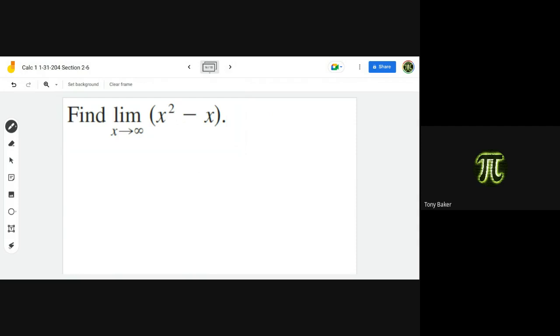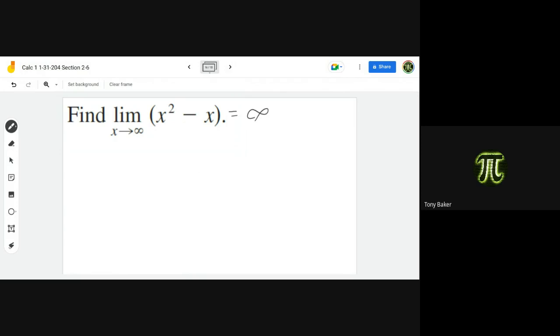What tells you the direction it's going to go, though? The leading coefficient, right? That leading coefficient, in this case, is positive. So based on your pre-calc brain, that's going to go to infinity.